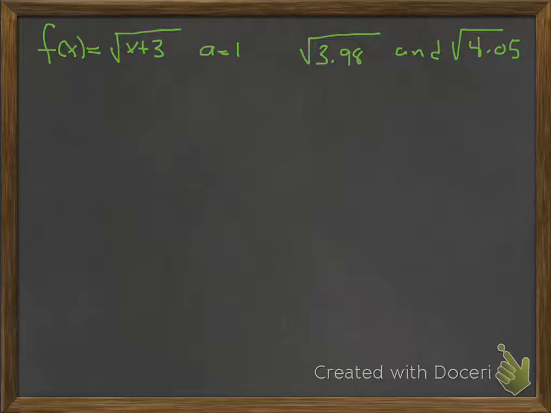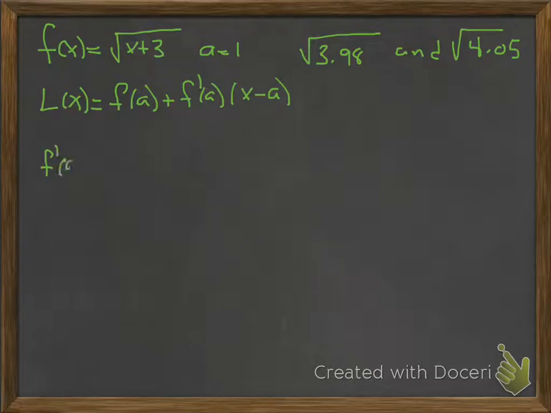So I have my equation, L of x is equal to f of a plus f prime of a times x minus a. So f prime of a, that's one of the first steps I go and find. f prime of x is equal to 1 over 2 root x plus 3. And the derivative of x plus 3 is 1, so it stays as is.